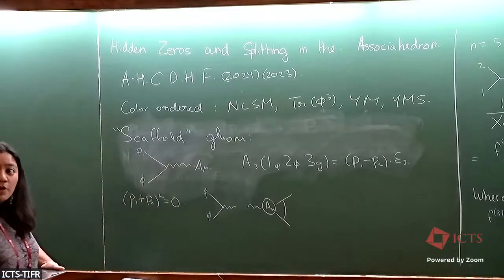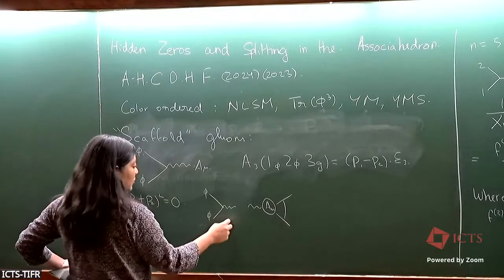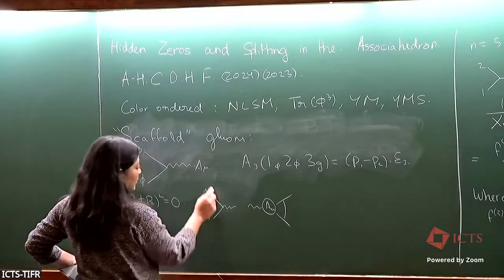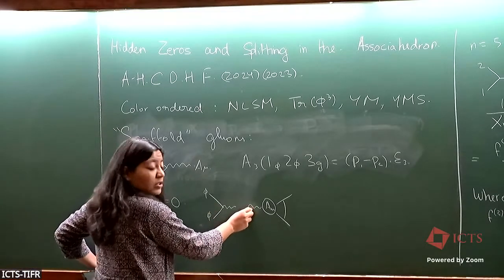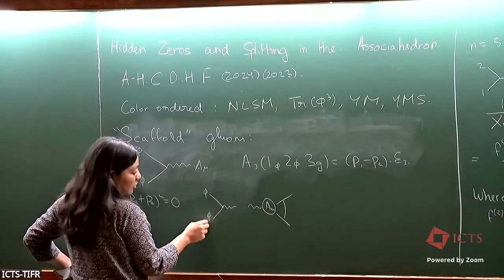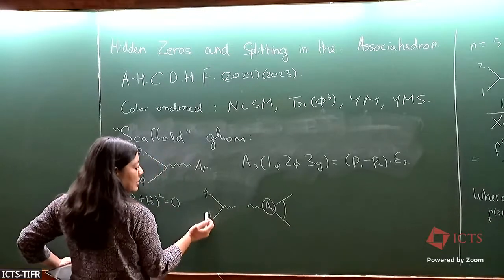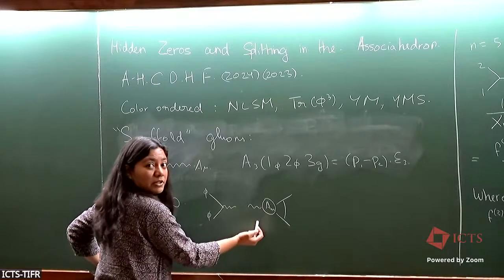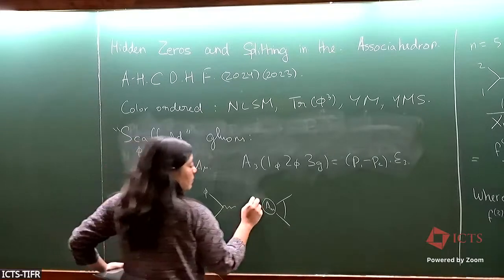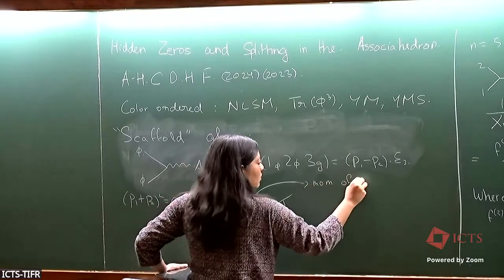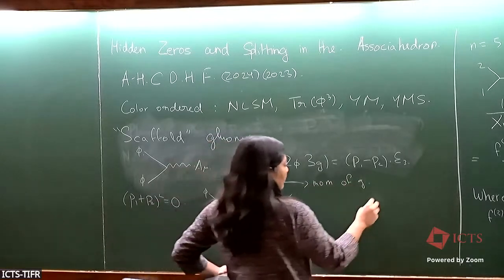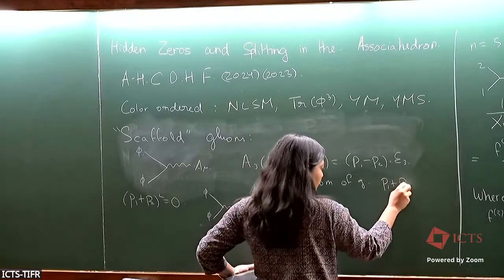What this does for you is it allows you to now, on the factorization channel of these fully scalar amplitudes, get a gluon. So I can talk about scalar amplitudes, but secretly I know that I'm talking about gluon amplitudes, right? The momentum of this gluon is P1 plus P2.